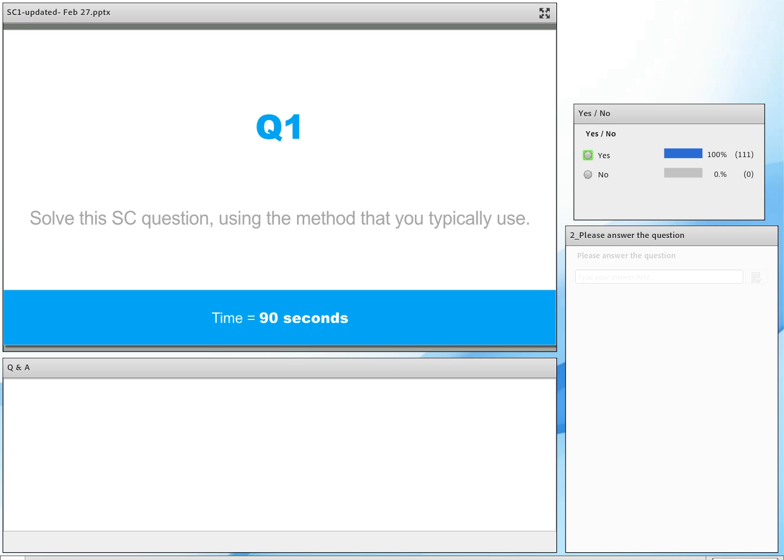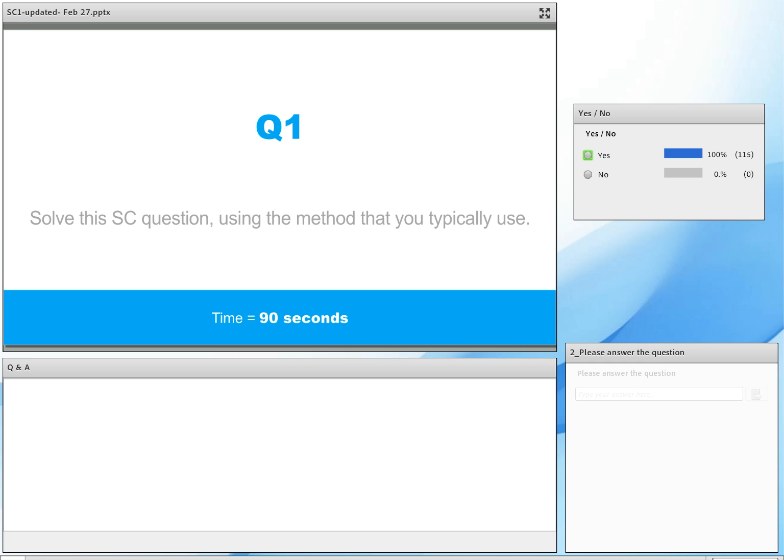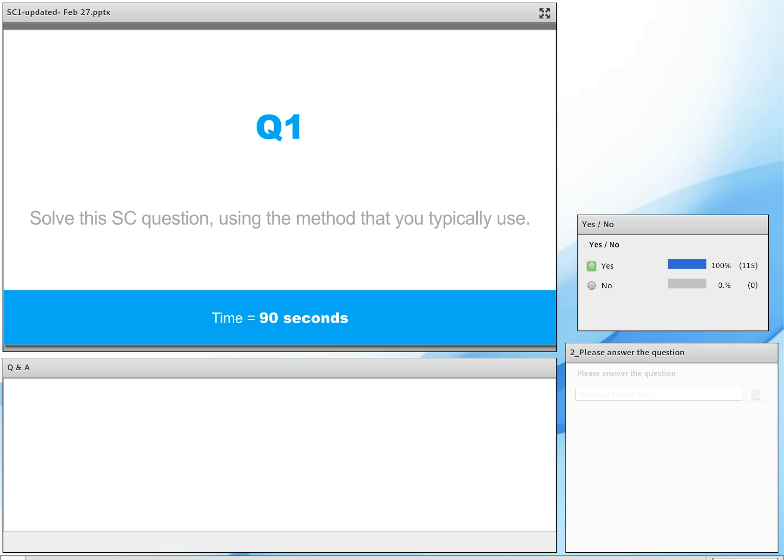While I'm waiting to see the thumbs up in that yes poll, I'm going to pull up the poll for this first question and get that set up. So let me decrease this box, move some things around. We're at 115, so we're looking a little bit better. Let me get a few more yeses so I know you guys can hear me and that you're with me.